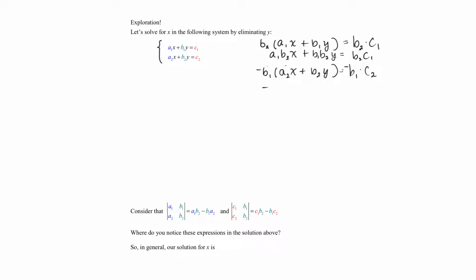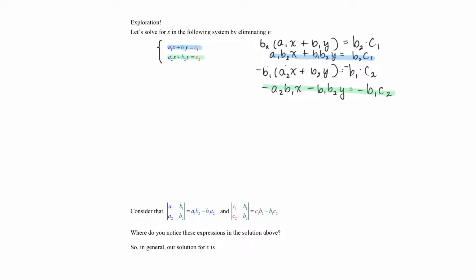So I'm going to get the opposite of a sub 2 times b sub 1x minus b sub 1 times b sub 2y equals the opposite of b sub 1 times c sub 2. All right, so now I have two equations that are equivalent to the original equations that I began with.